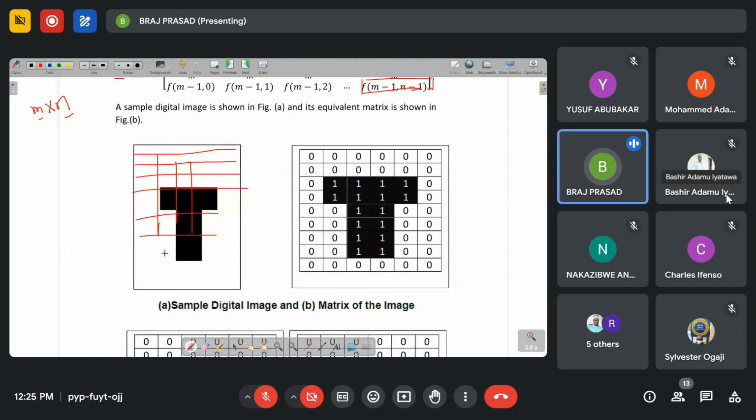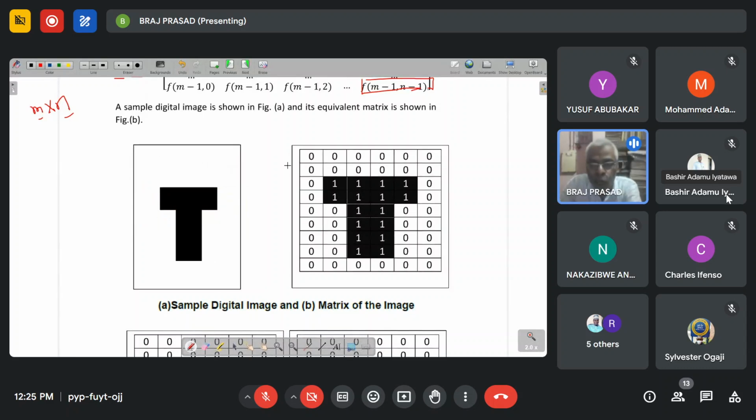If we take these values 0 and 1, then this portion will be denoted by 1 1, and this is also 1 1, but the rest of the portions are denoted by 0 0.